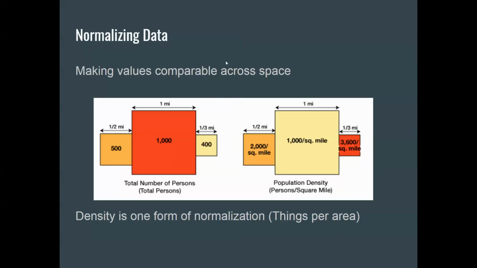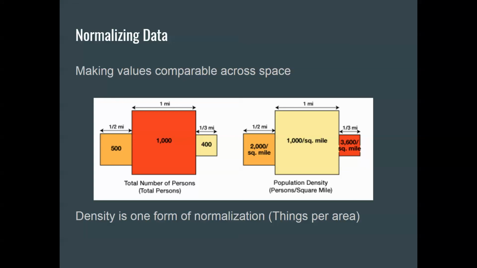All right, now the next piece though is sometimes we can make maps or analysis do different things. And so what we want to do is normalize those enumeration units. And normalization, for your notes, is a way of making things comparable across space.